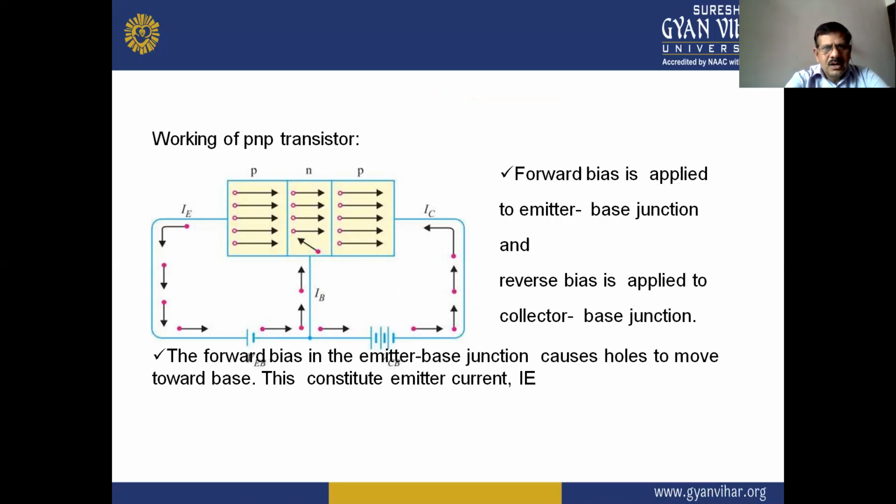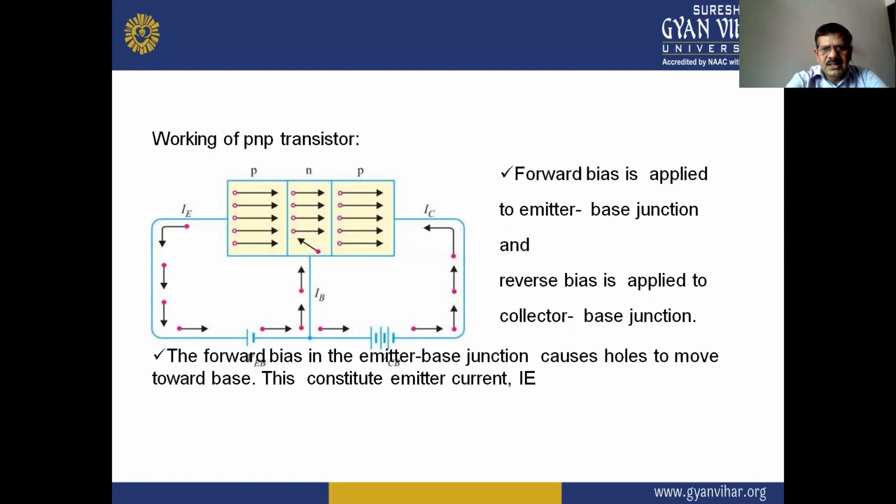Now we take the working of the PNP transistor. In this case, the forward bias is applied to the emitter-base junction and reverse bias is applied to the collector-base junction.